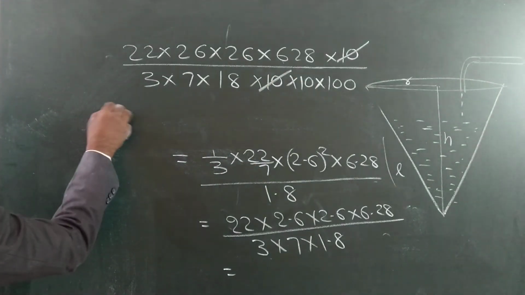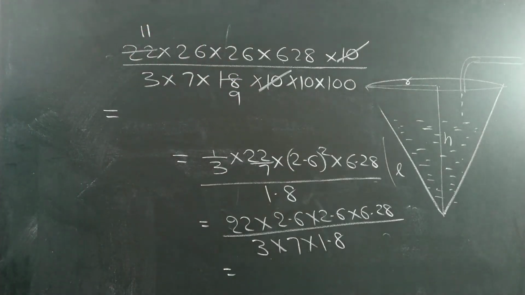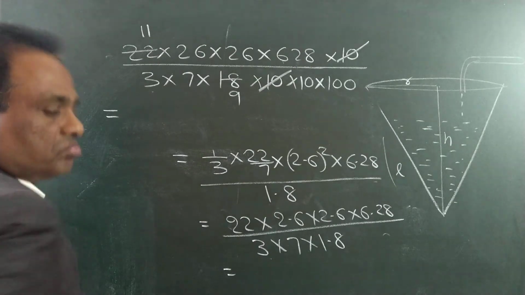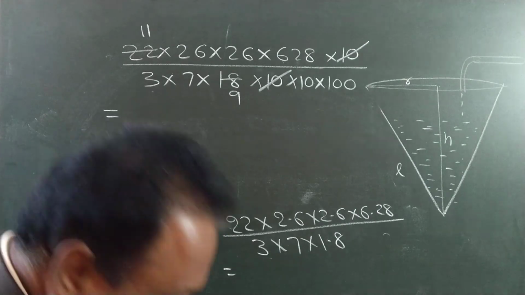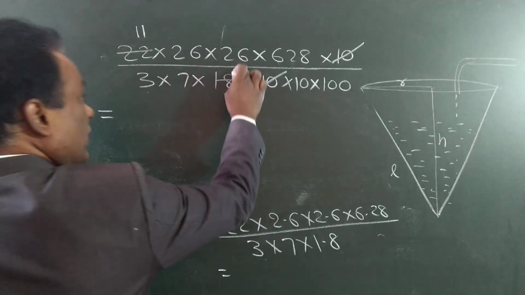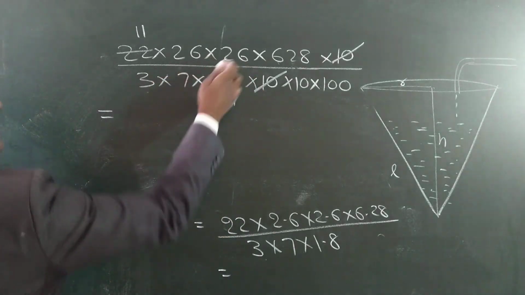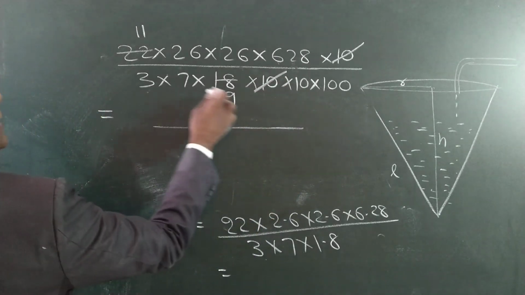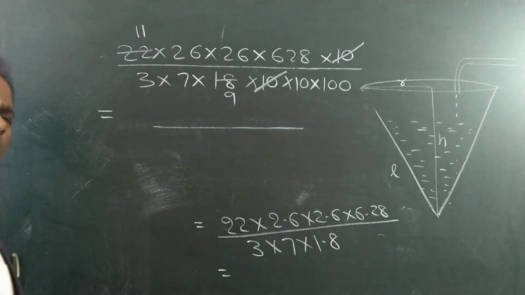Now simplification. No cancellation. We can cancel with 3, we can't cancel with 9. Nothing. No further simplification, students. So simplify 26 into 26 into 628. 26 into 26, you multiply, this is 676, and multiply with 628 in the numerator. In the denominator, 3 into 3, 9; 3 into 7 into 9. You can consider this to keep the decimal.